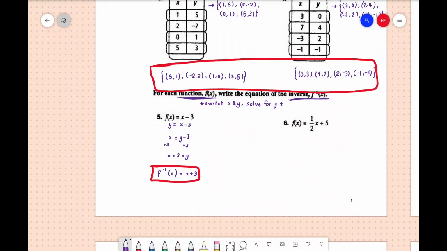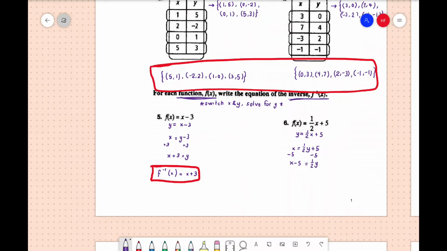Then on number 6, we'll do the same thing. First I'm going to write it with a y, that way I know where the y is. Then I'm going to switch them. So x equals 1/2 of y plus 5. I'm going to subtract 5, get rid of that constant. I get x minus 5 equals 1/2 y.